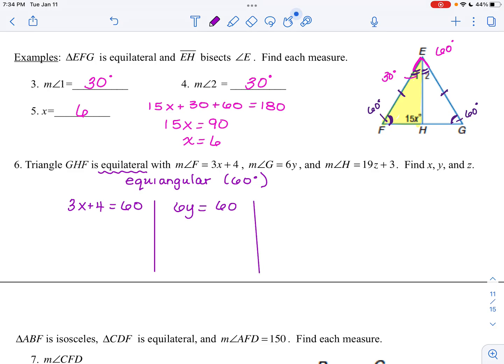And last, angle H, 19z plus 3, must also equal 60. When you solve these three equations, you should get that x is 18 2/3, y is 10, and z is 3.